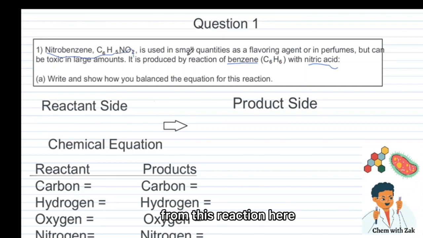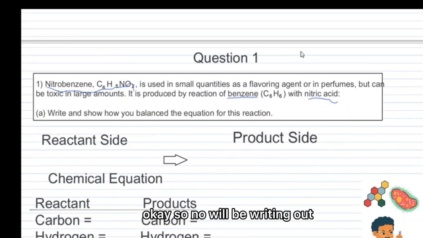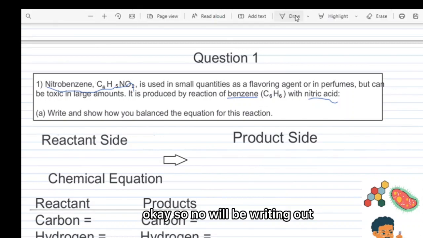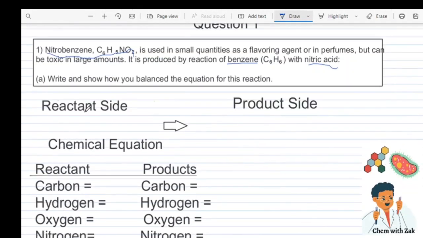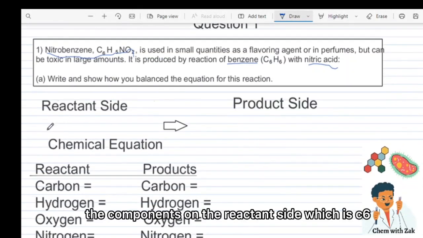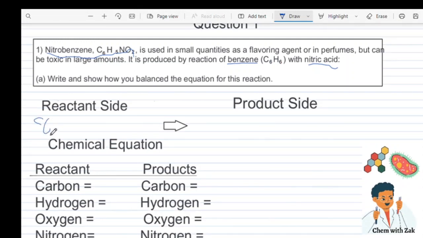From this reaction here, we'll now write out the compounds on the reactant side, which is C6H6.